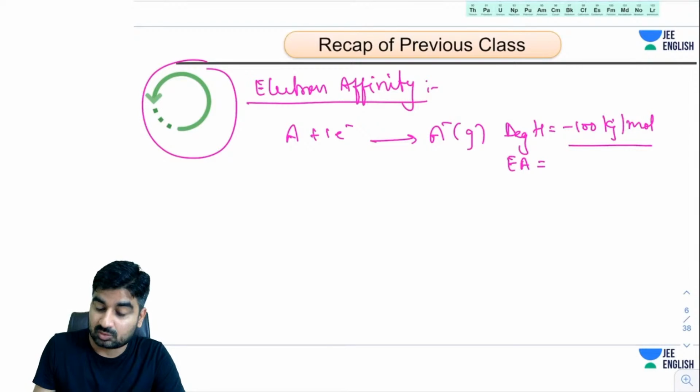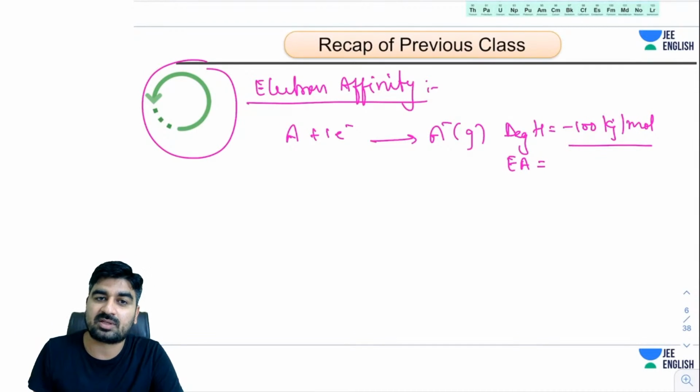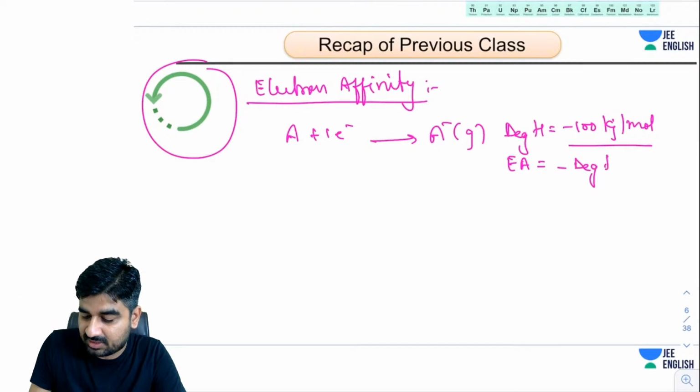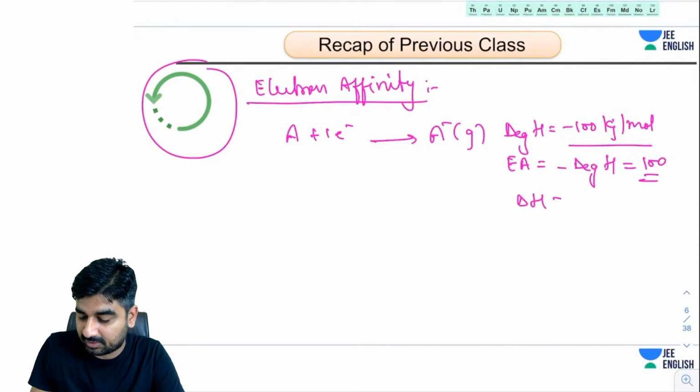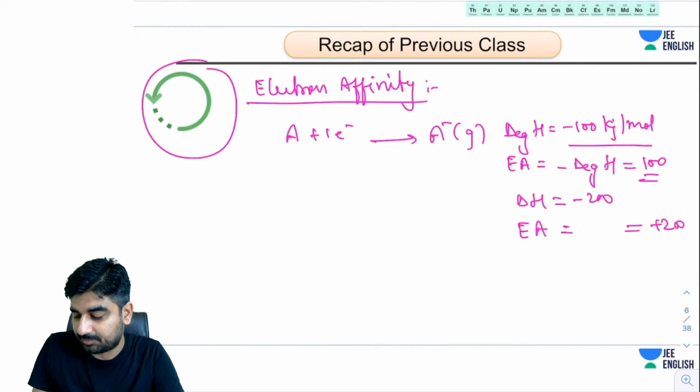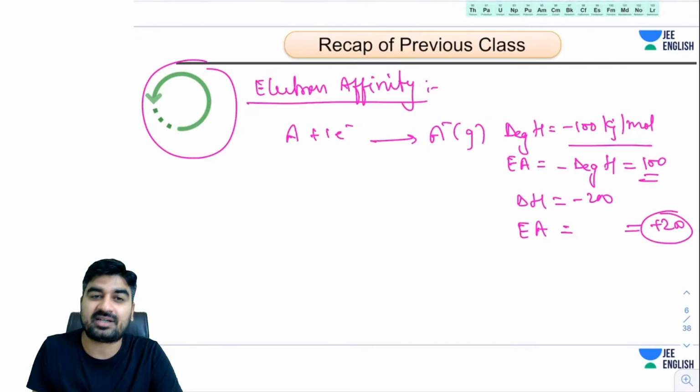To remove some misconception or misunderstanding, we have defined another term, that is minus of delta EGH. If delta H is minus 100, electron affinity will be plus 100. If in some case delta H is minus 200, electron affinity will be plus 200. Now I can say this affinity is more. Affinity means love, attraction.